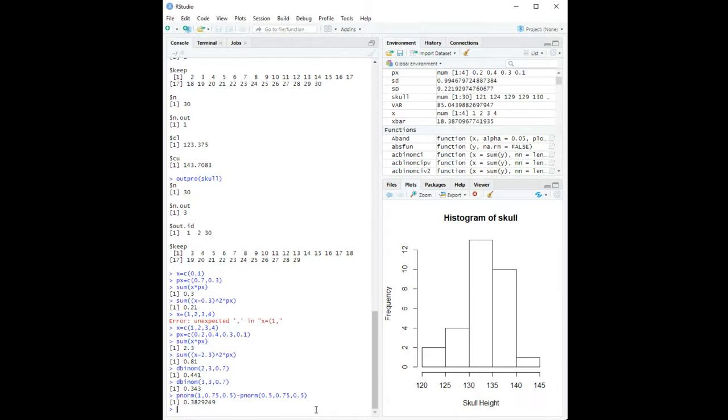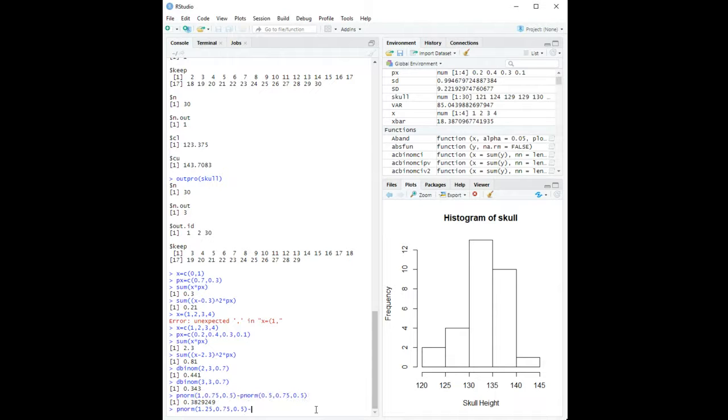Okay, so now the next one, it's saying between 0.25 and 1.25. So again, same thing. We're doing P norm, but now we want 1.25, the mean is 0.75, and the standard deviation is 0.5.